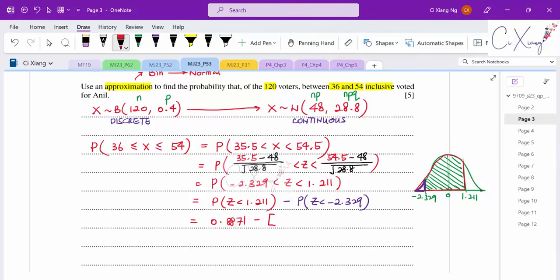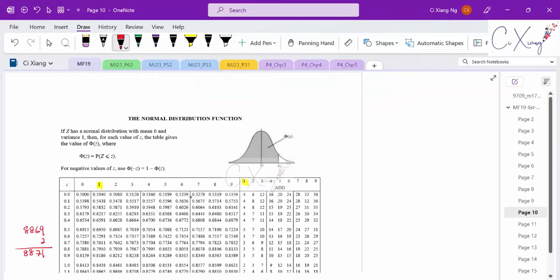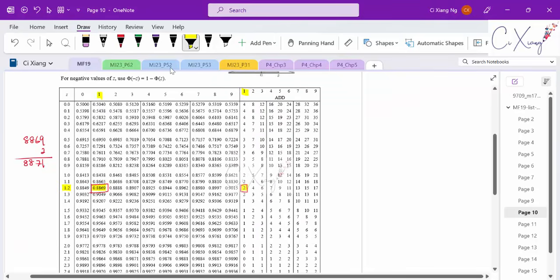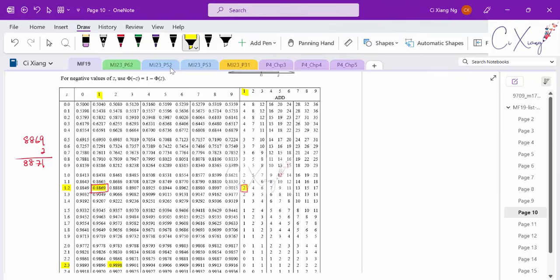Therefore, you have to take 1 minus, okay? So I'm looking for 2.329. So 2.3, 2 is this one, then 9. Which means that you can take this value, 9898, and you have to add a 2 at the last digit, and you have 9900.